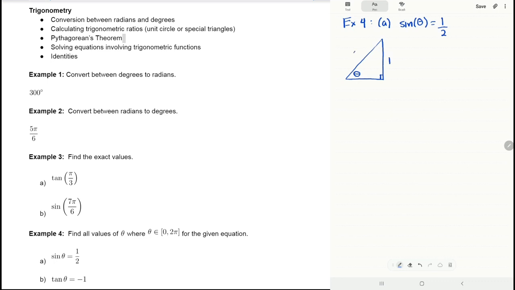The hypotenuse is going to be 2. Now from our special triangles, we know that the third side is going to be √3. And for this special triangle, we know that the angle that is opposite from the smallest side is going to be pi over 6. So the reference angle is going to be pi over 6. Then the other angle is pi over 3.